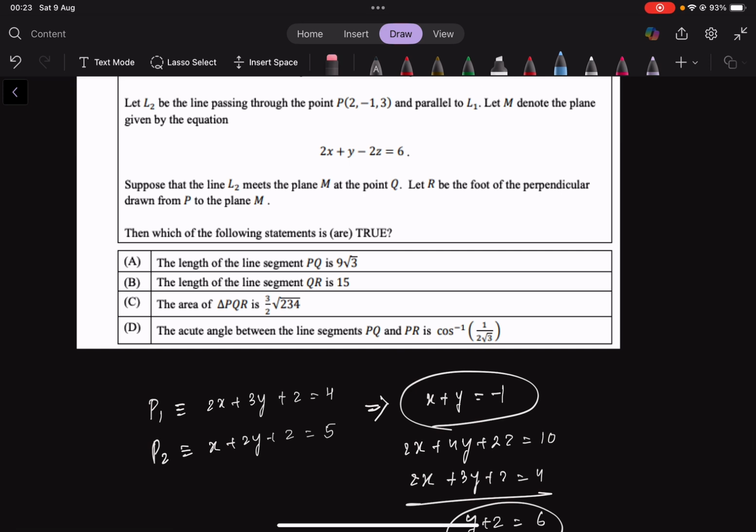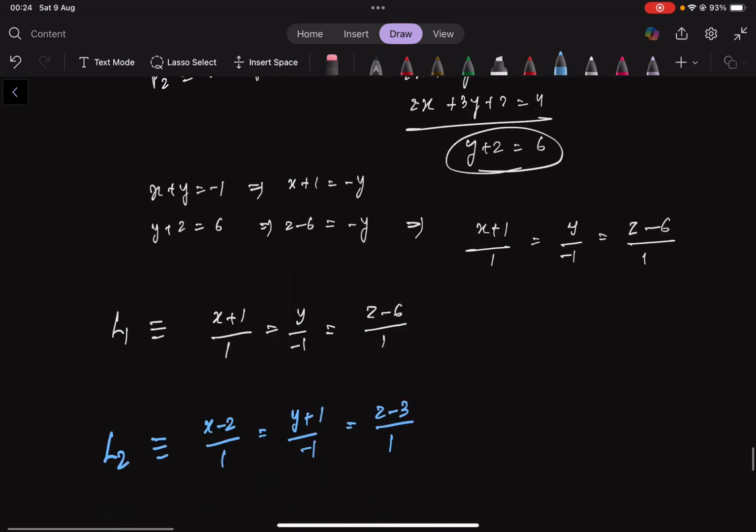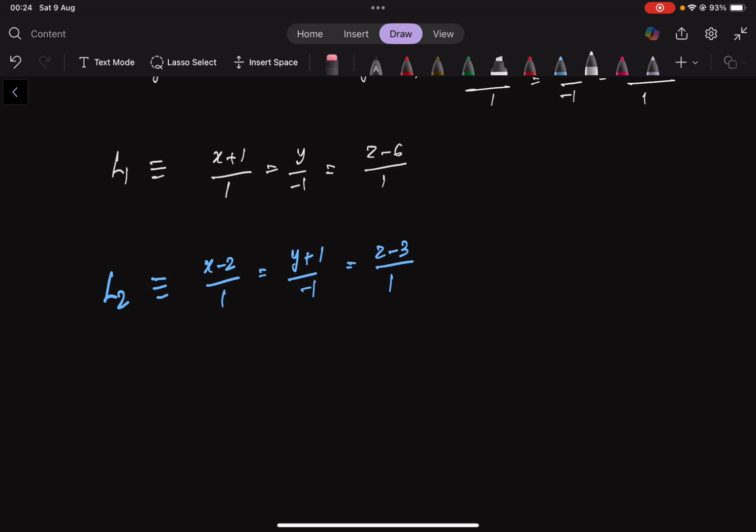So we found what L1 is and what L2 is. Now this line L2 meets plane M at point Q. So the plane M is 2x plus y minus 2z is equal to 6.